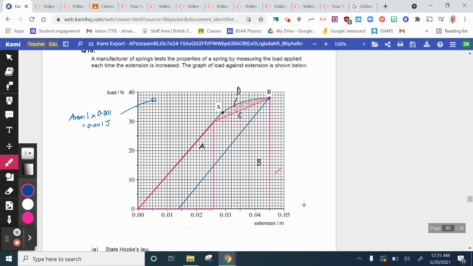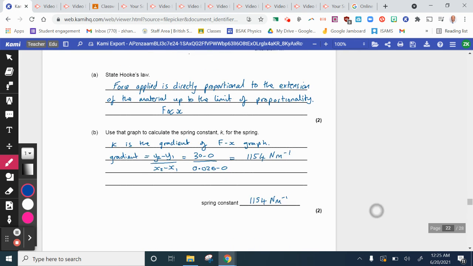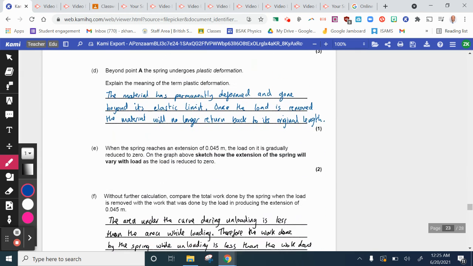So the work done in the unloading phase is less than the work done in the loading phase, or the work done by the spring during unloading is less than the work done by the load during the loading phase. And that's what I've written here.